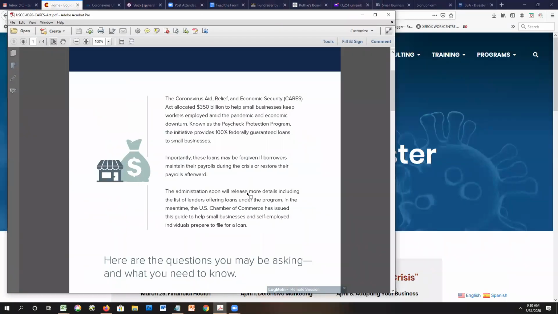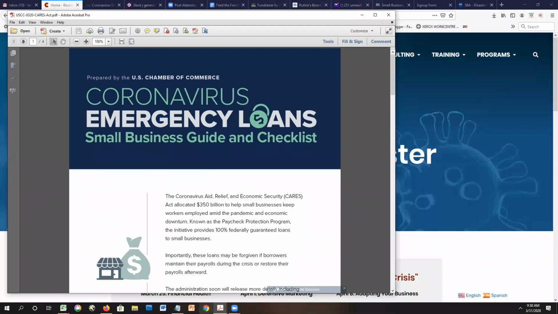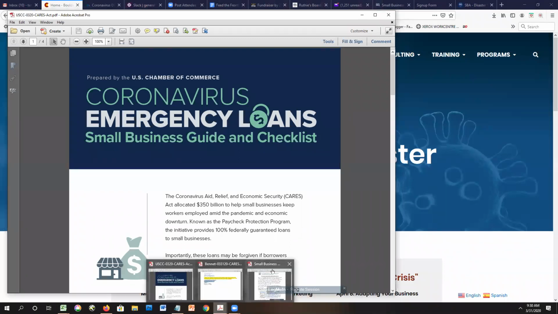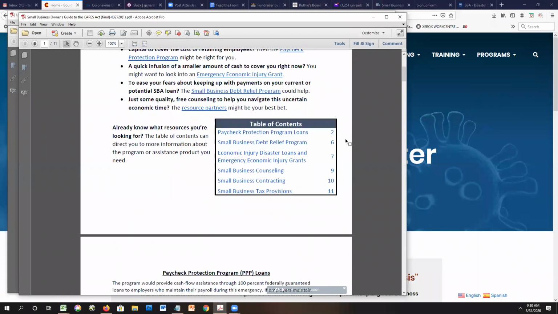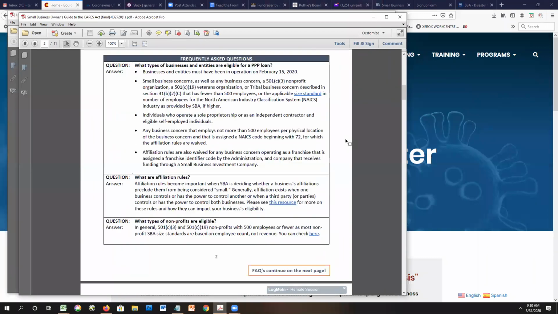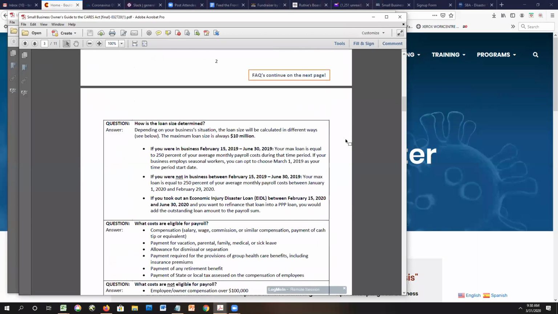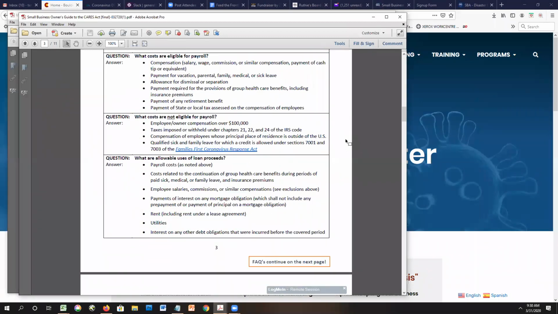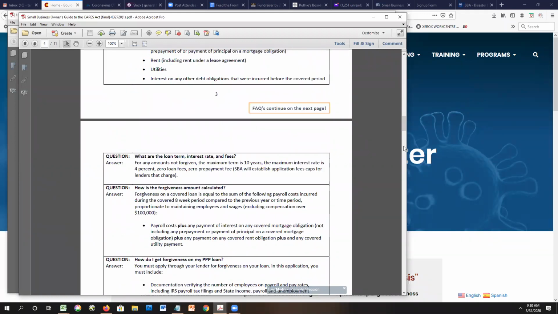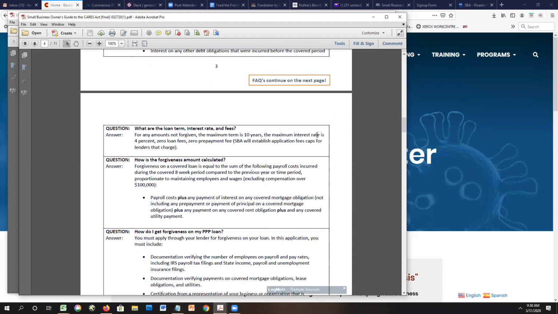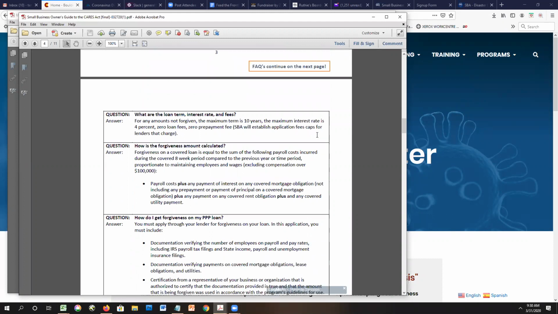The question is, how is the forgiveness amount calculated? Answer: forgiveness on a covered loan is equal to the sum of the following payroll costs incurred during the covered 8-week period compared to the previous year or time period, proportionate to maintaining employees and wages, excluding compensation over $100,000. You can probably read it there yourself, but that is some of the info. And then Brian, if you want to expand on that, I think that's what Beth was asking.